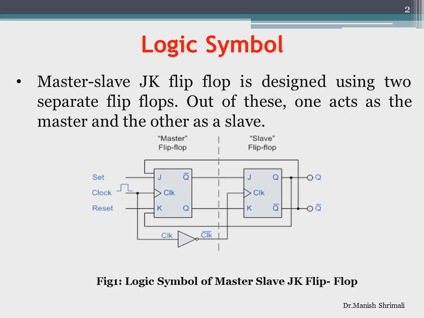A normal clock is connected to the master section, and there is a NOT gate connected to the clock, which in turn is connected to the slave section. So this is how the logic symbol of master slave JK flip flop is connected.